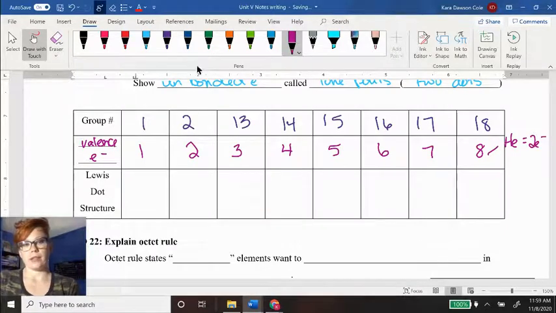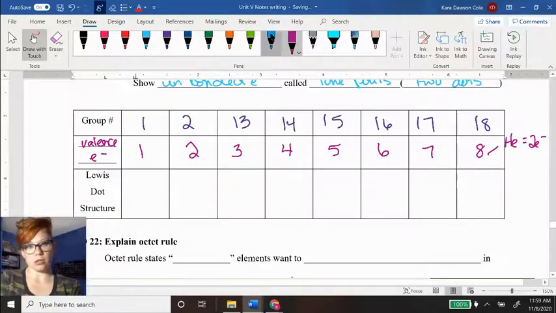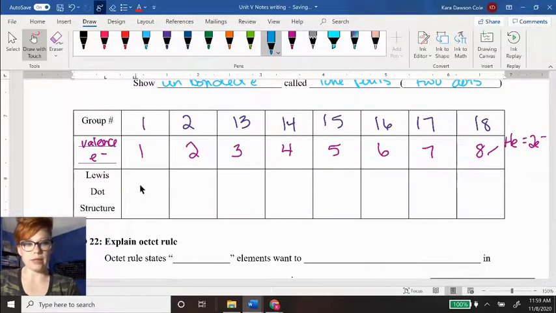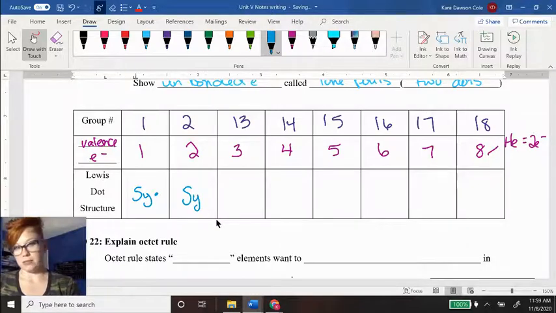So we have that, and then we have the Lewis structures. The Lewis dot structure would have the symbol of the element. So lithium, Li, and it would have one lone little dot right there. That's it. Then for group 2, it would have the symbol, so calcium, Ca, and it's going to have 2 dots.